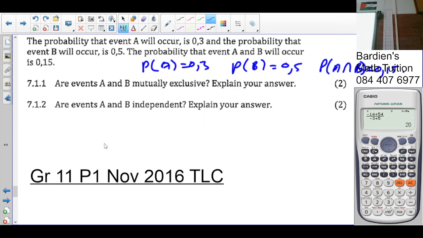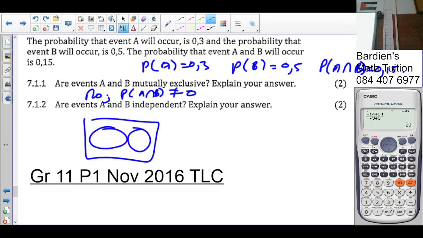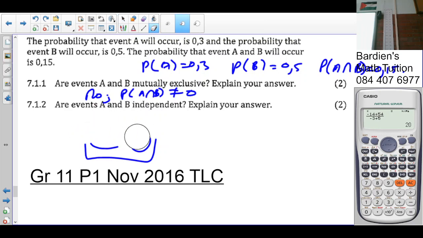That's the intersection. Are events A and B mutually exclusive? The answer is no. Why? Because the probability of A intersection B is not equal to 0. Mutually exclusive means there's no overlap. Okay? However, there is an overlap here of 0,15. So therefore, they are not mutually exclusive.